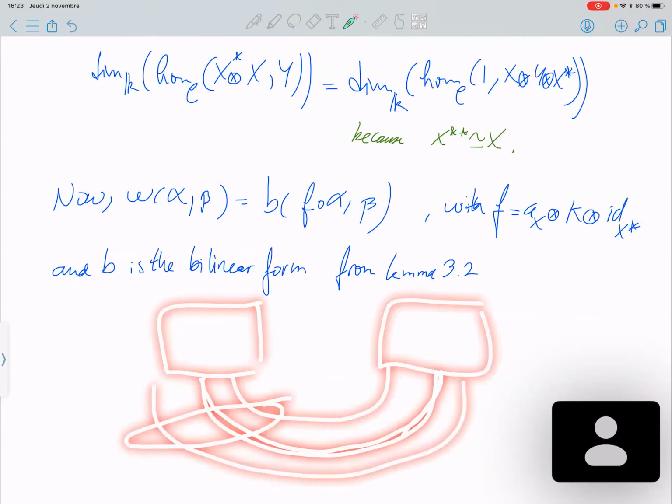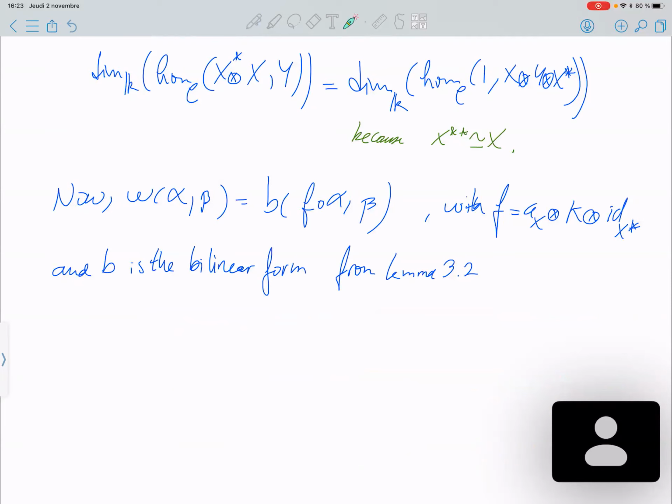So in fact, we need to take z from lemma 3.2 equal to this x tensor y tensor x star.